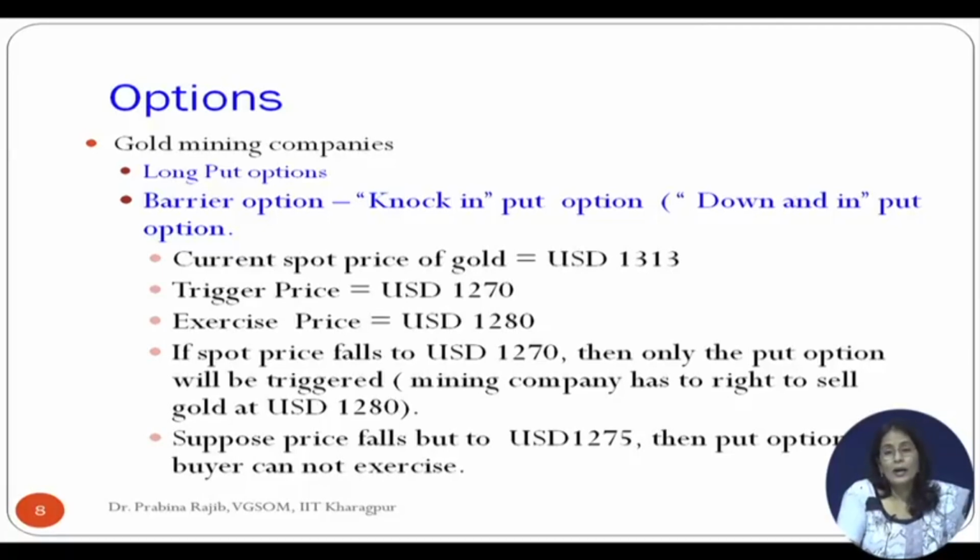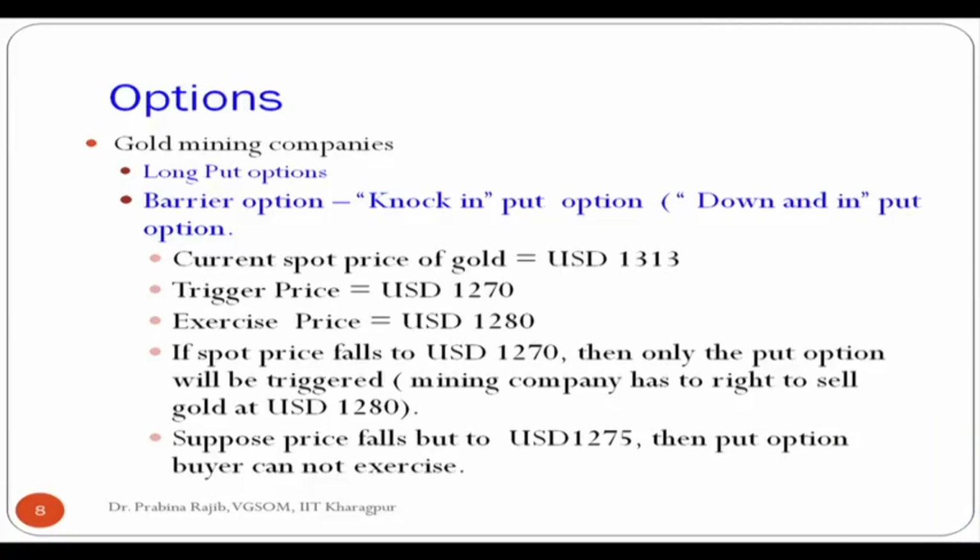So if a gold mining company is fearing that price is going to go down, it can enter into a long put option. Now many gold mining companies are entering into another kind of option contract, that is known as a barrier option or knock-in option. So what exactly is a knock-in option?